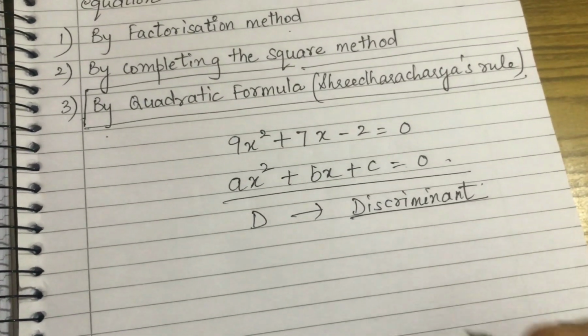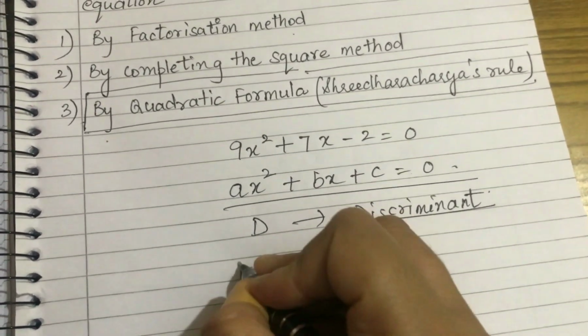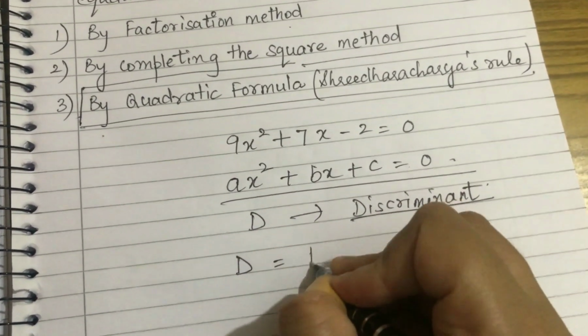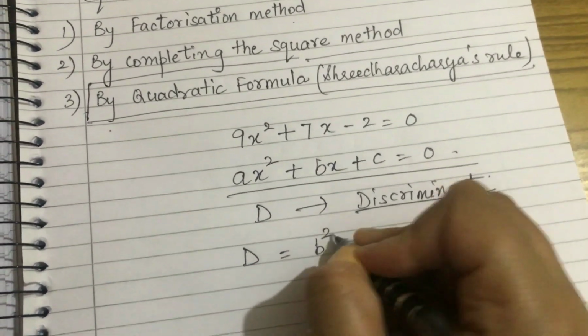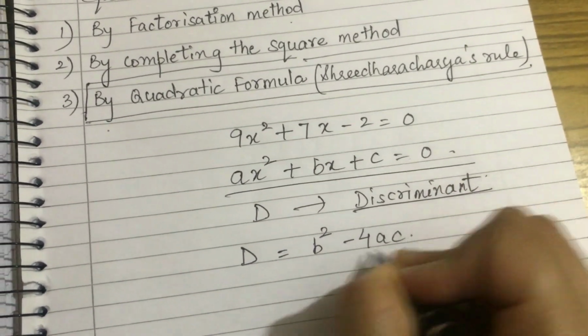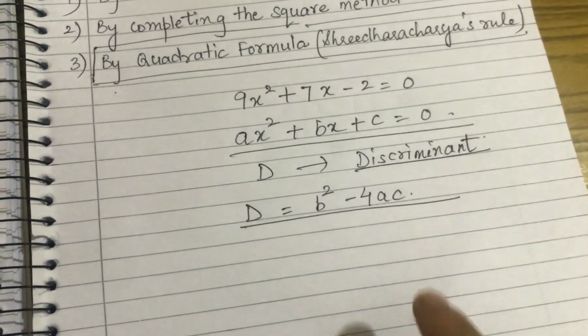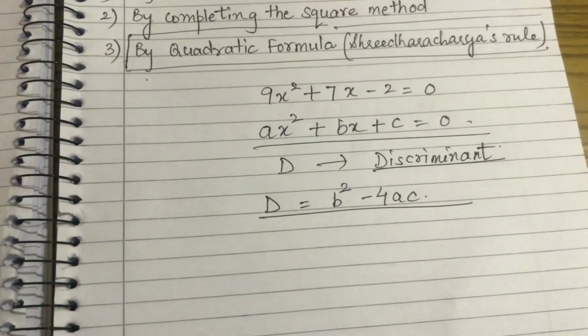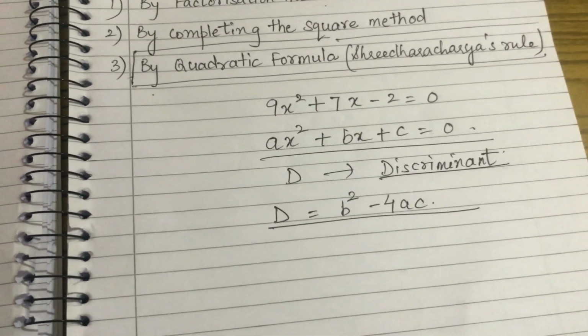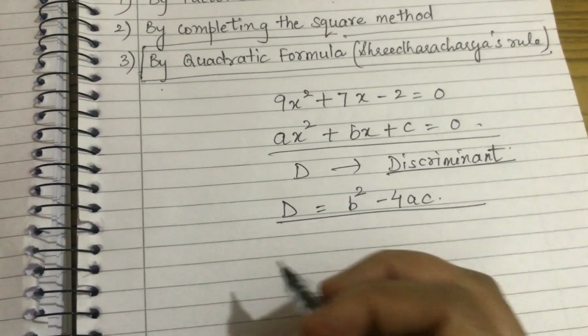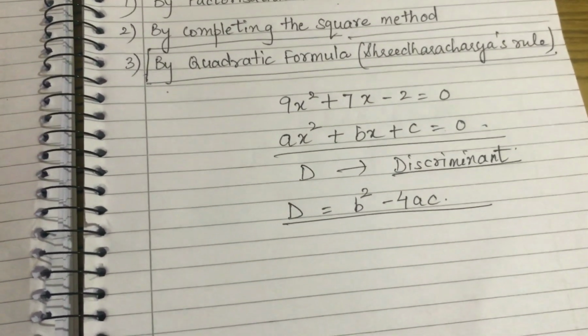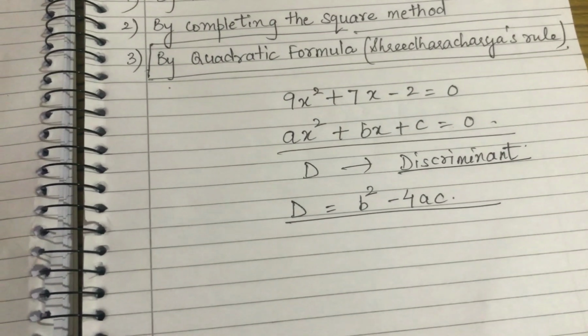Now what is the value of D and how to find D? D is always calculated by applying this formula: D is equal to b square minus 4ac. So in this way we find the discriminant of a given equation, and after finding the discriminant we find the roots of the given equation. I have taken those two roots as alpha and beta.